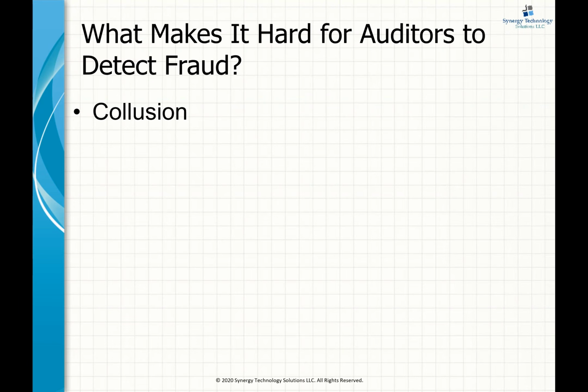For example, if you are working with your customer to increase the sale, so you have an account receivable balance, that confirmation is sent, and you already tipped off the customer, then your confirmation may be wrong. But in that case, auditors will never be able to catch it because they did an independent confirmation, it came back wrong. Collusion is very difficult to discover.